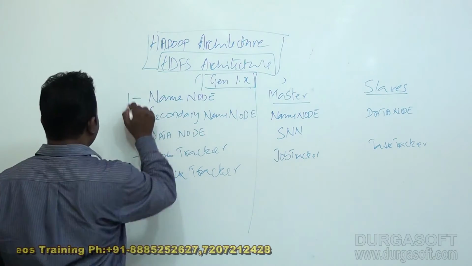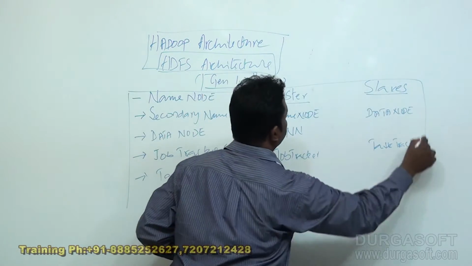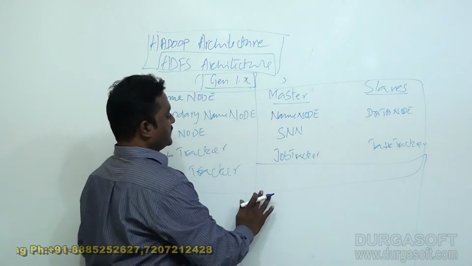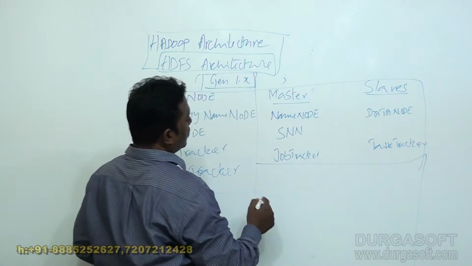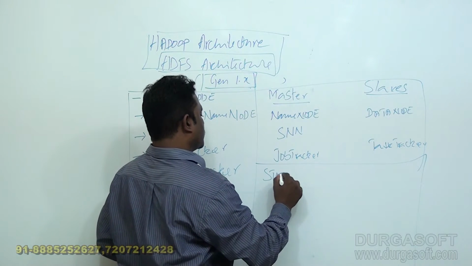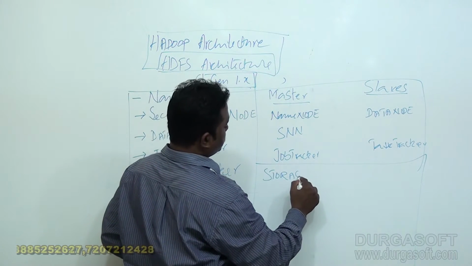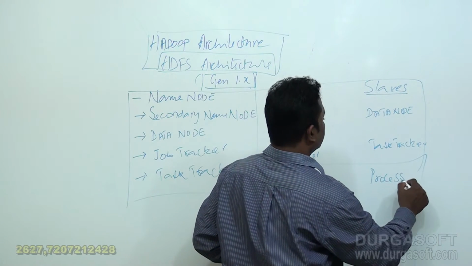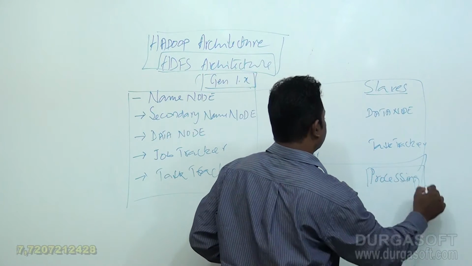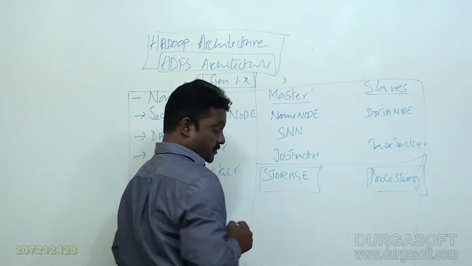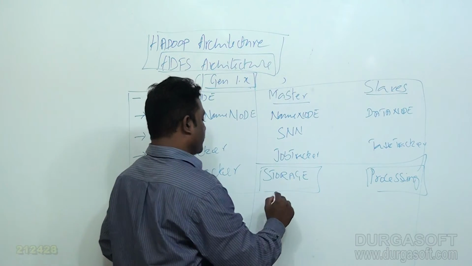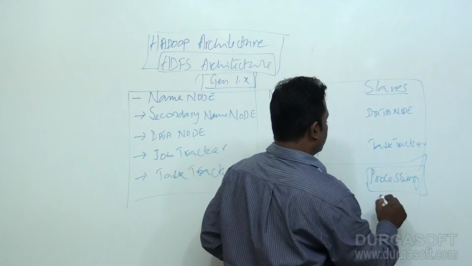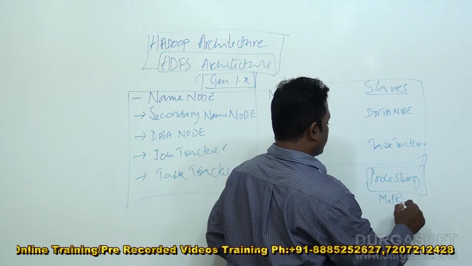Another way of representing this is, when it comes to storage, and when it comes to processing or analyzing the data. As we know, HDFS, Hadoop Distributed File System, is for storage, and MapReduce is for processing.